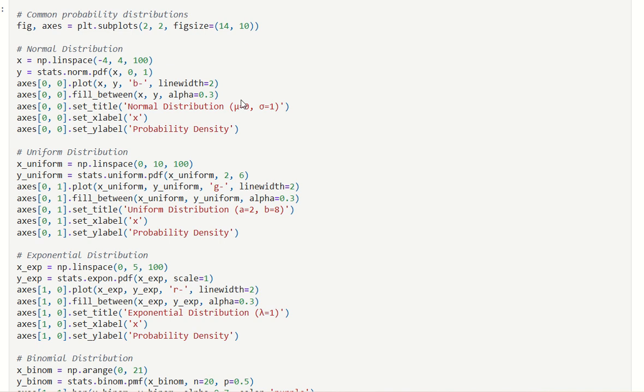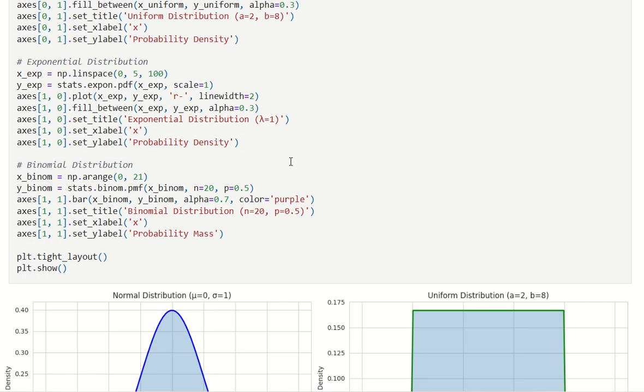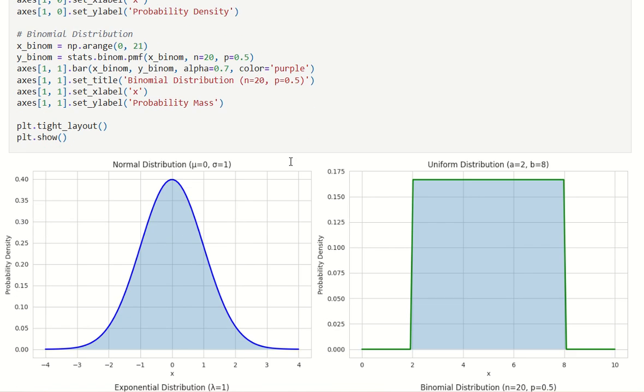These shape assessments guide transformation. For example, using a log or Box-Cox transform when the distribution is right skewed before applying linear models.